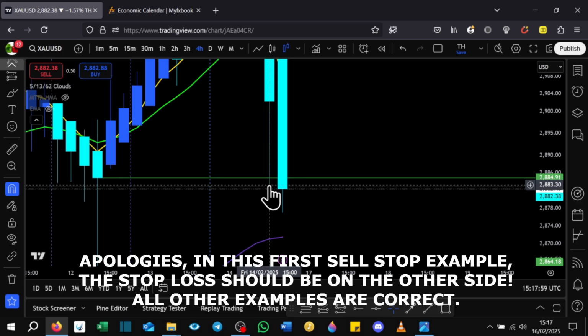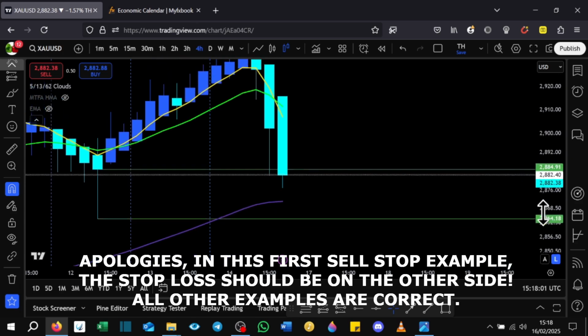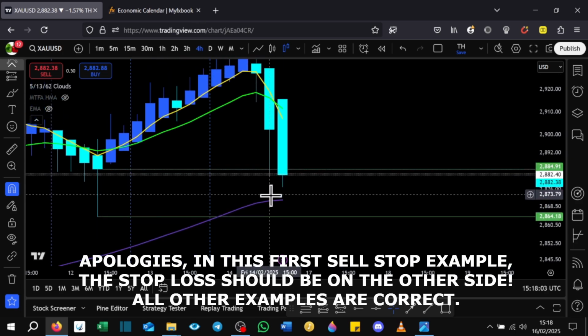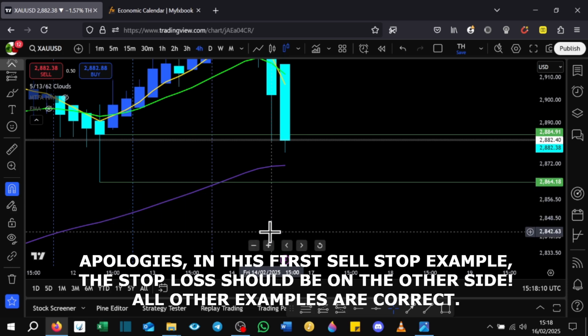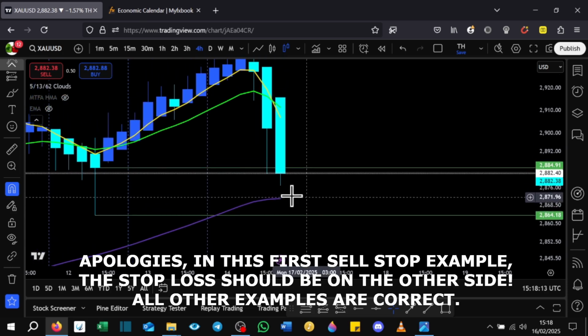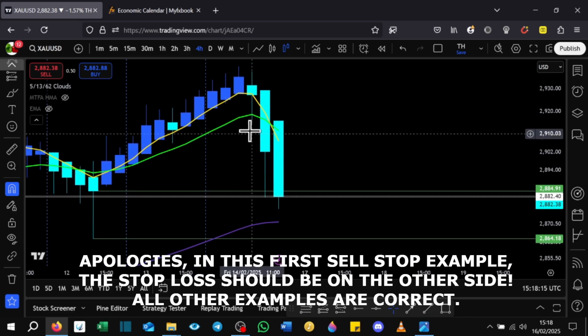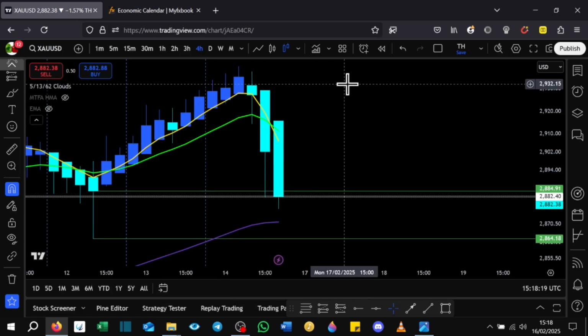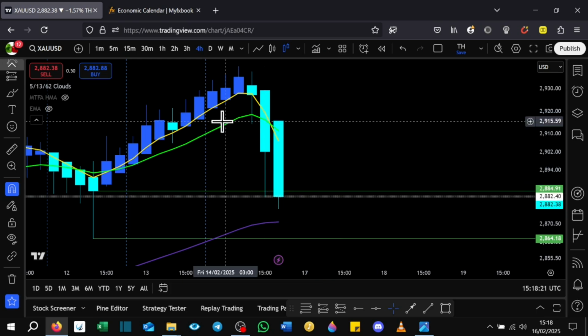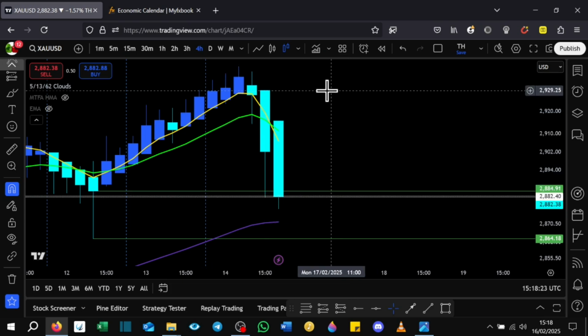you are filled into the trade, but we are expecting the market to carry on going lower, right? We're expecting price to carry on going down, basically. If this was a buy limit the other way round, we're expecting the price to hit this order and then carry on going like that. That's a buy limit, right? The market comes down and then goes up.